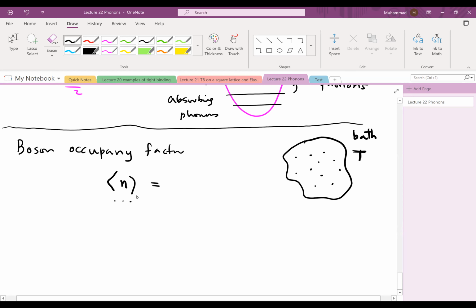The expectation value of the number of these bosons is given by this expression, which is called the Bose-Einstein occupancy factor. So this is the number of phonons of the normal mode omega that are present inside the system at the temperature capital T, where Kb is the Boltzmann constant.